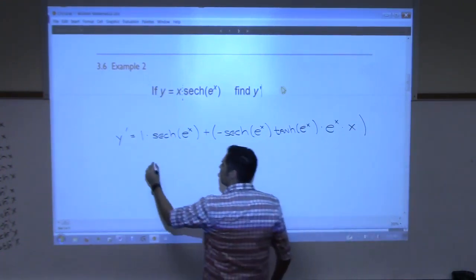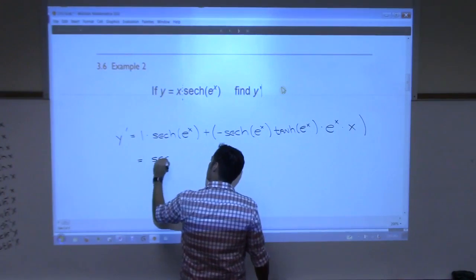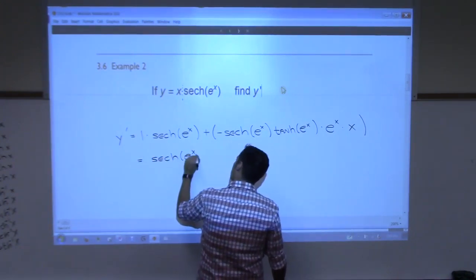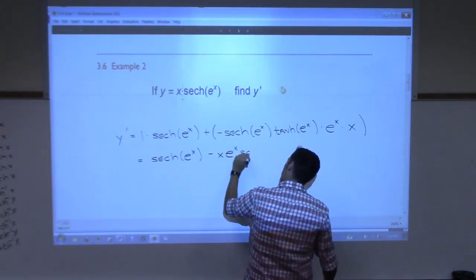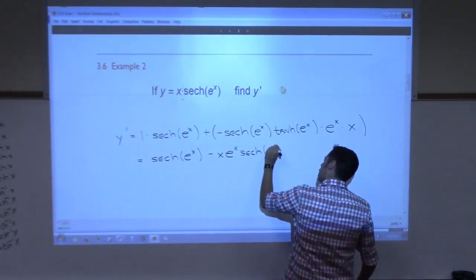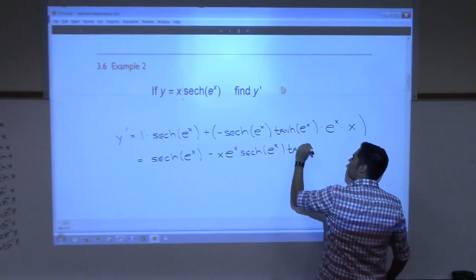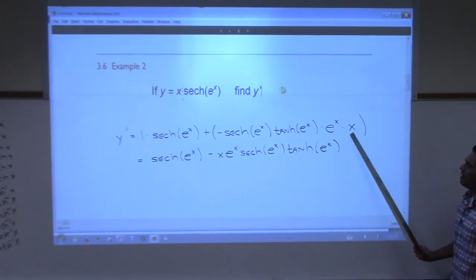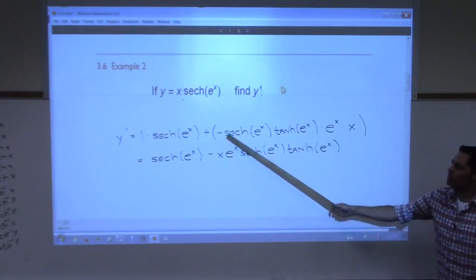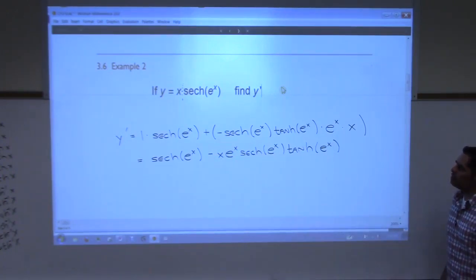Yeah, we can clean it a little bit, though. Secant hyperbolic e to the x minus x e to the x secant hyperbolic of e to the x tangent hyperbolic e to the x. So I just slid the x and the e to the x out front here with the negative, and that should be good.